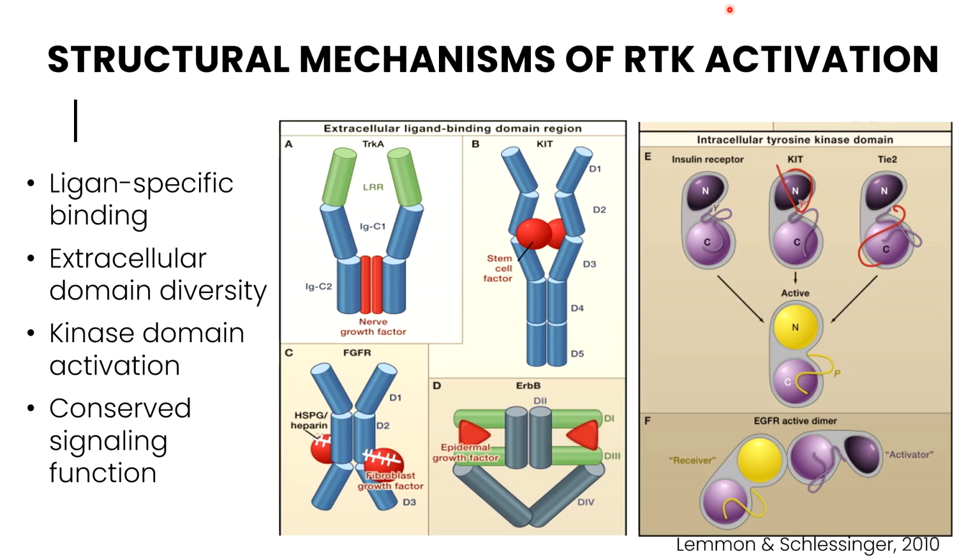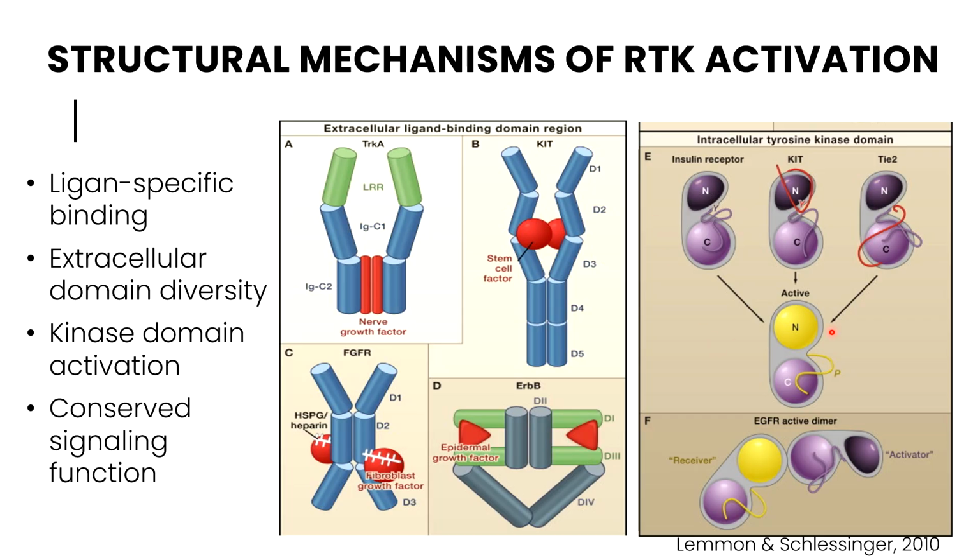And then in panel D, we have the ERB family, including EGFR, interacting with the epidermal growth factor shown here. Although these receptors recognize different ligands, they all accomplish the same objective. Their objective is to detect signals outside of the cell and initiate that communication within the cell's interior.